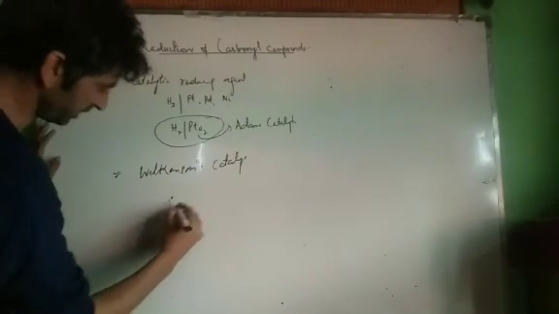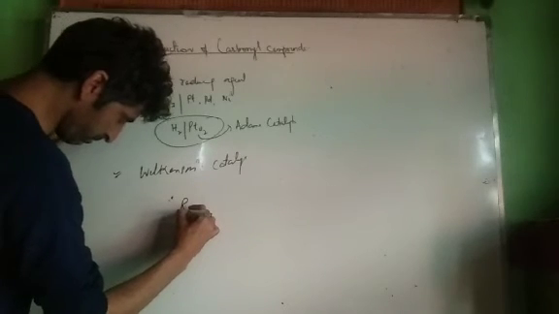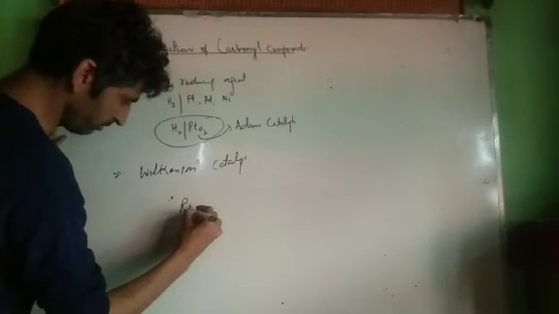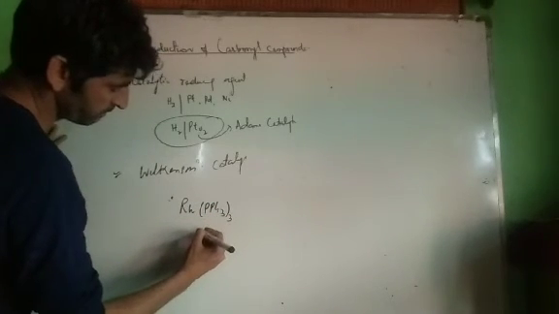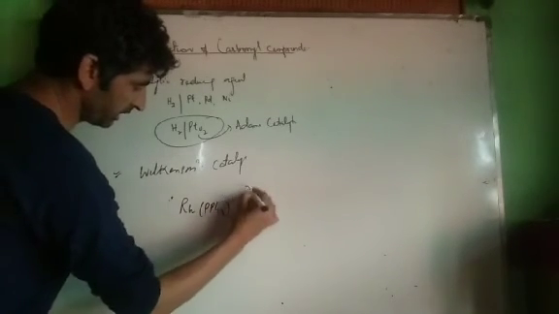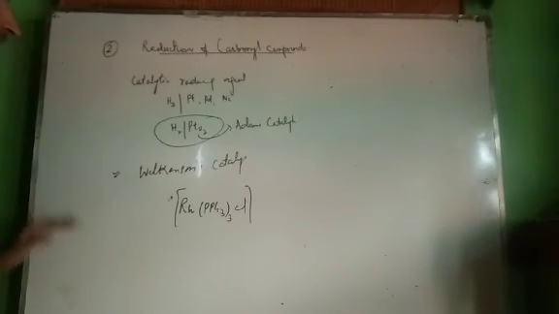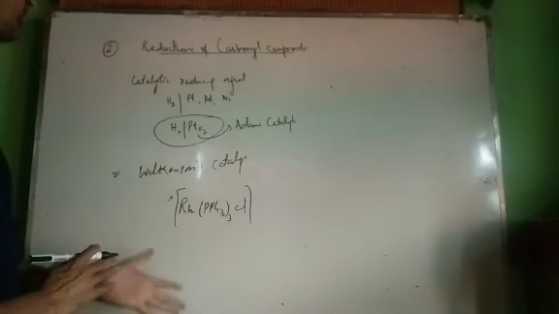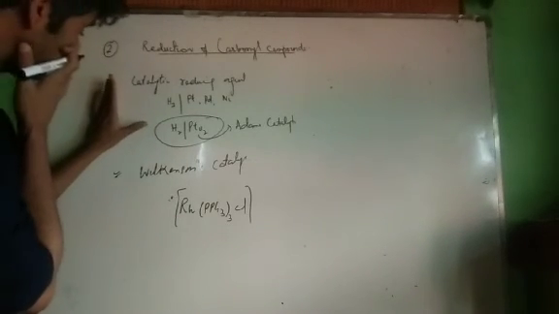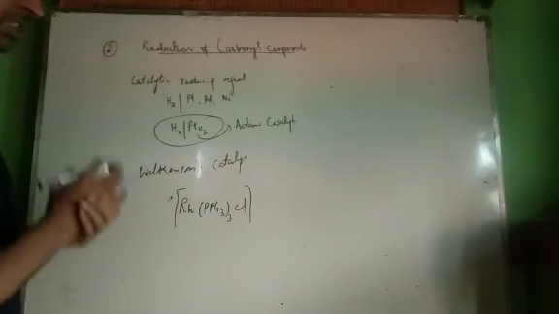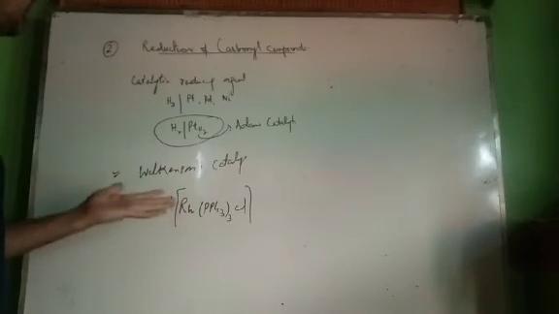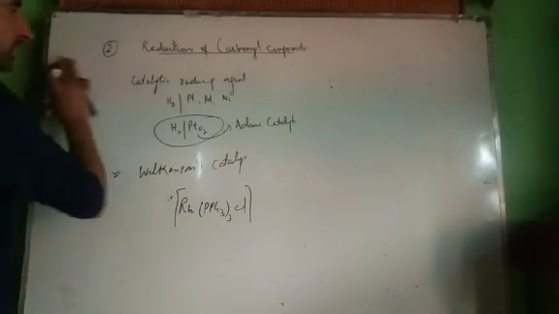Wilkinson's catalyst is RhCl(PPh3)3. It's also used in some reactions for reduction, particularly for terminal alkynes. We will discuss those types of reactions. We will discuss other reducing agents when they come, when we study certain reactions.